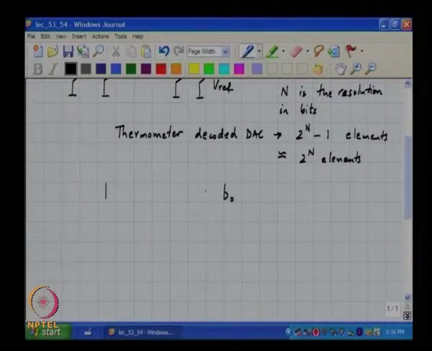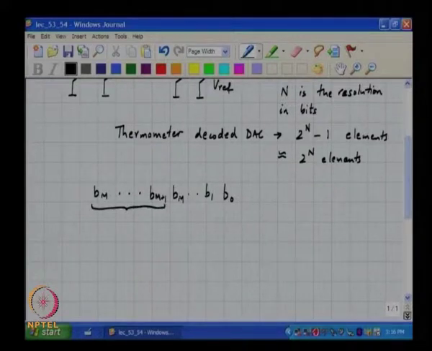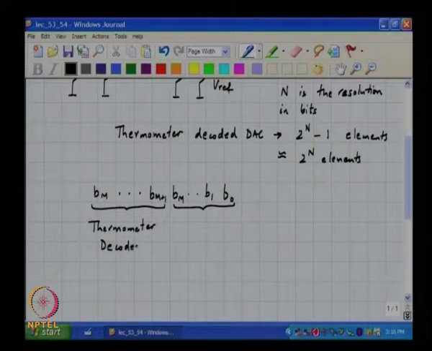The input digital word is of the form B0, B1, and so on up to Bm, then Bm plus 1 and so on up to Bn. The first part is decoded in a thermometer fashion, whereas the remaining bits are binary decoded.